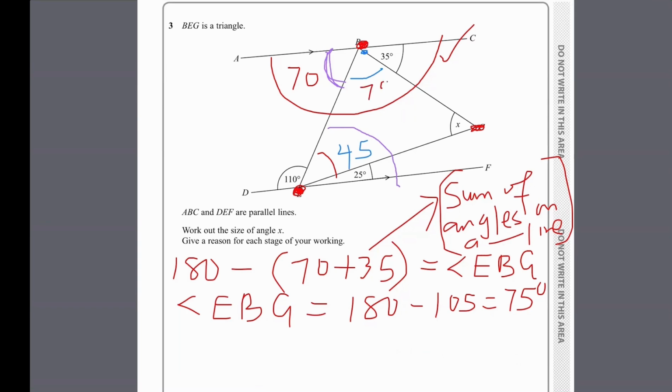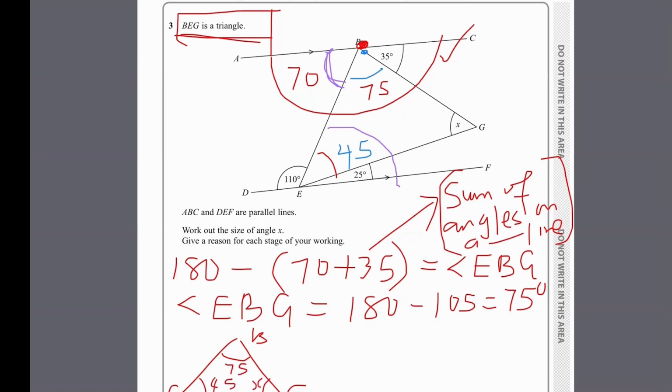So we have the triangle PEG, which was given to us in the question. For that triangle, this is B, this is E, and this is G. Here we found 75, here is 45, and this would be where your X is.